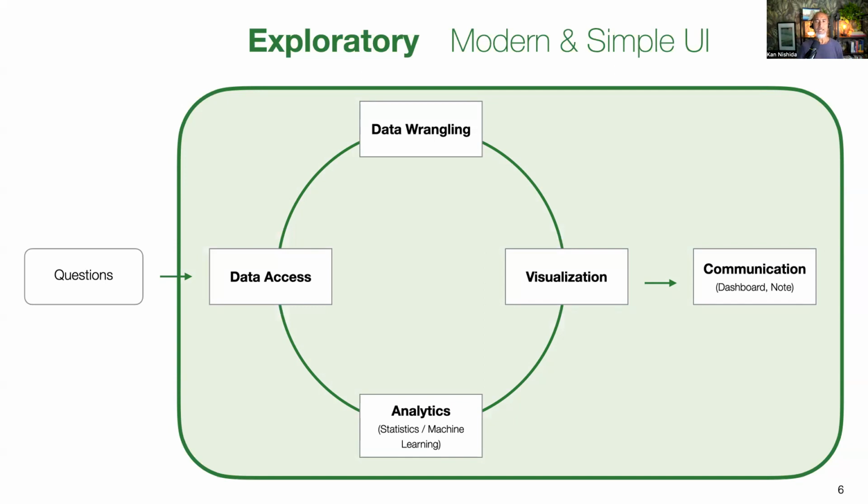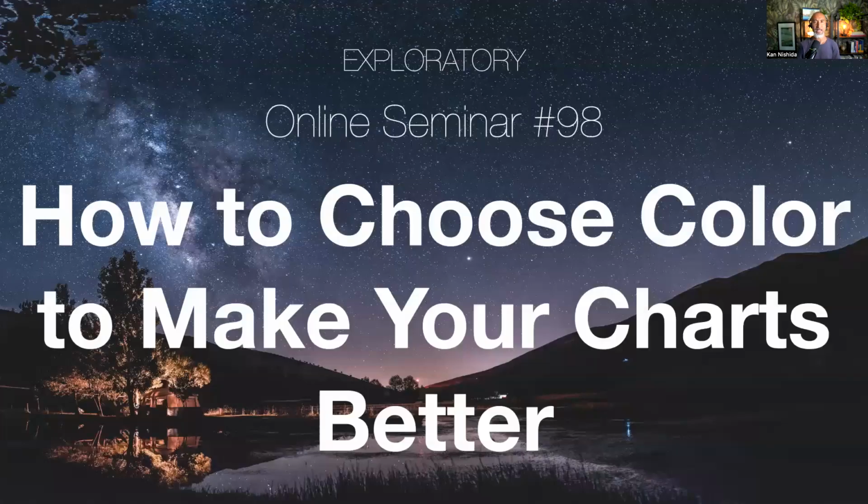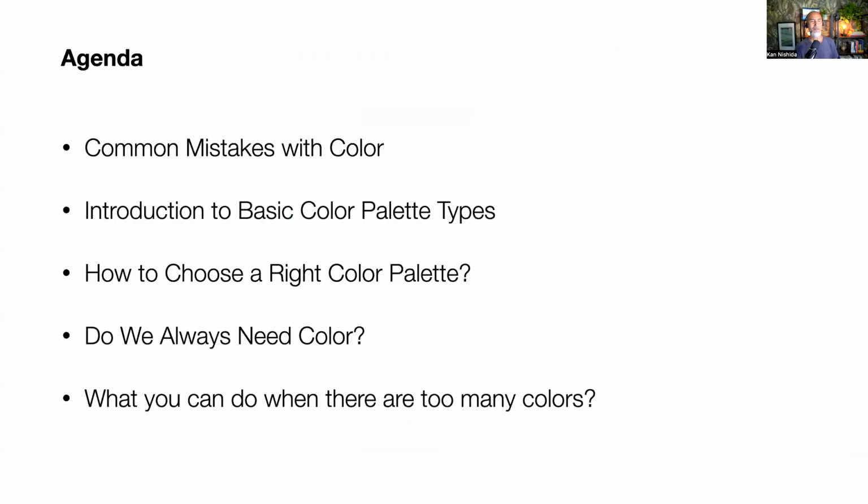Okay, enough about Exploratory. Let's get started with the main theme, which is how to choose color to make your charts better. We have these 5 things, and hopefully I can pack all of them into this session. Starting with the common mistakes with color, I'd like to introduce a color palette and show you how to use it.